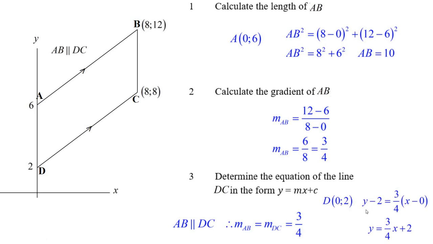Then all you do is go y minus y1, which is 2, equals m times x minus x1, which is 0. And that's your answer. You just have to clean it up. Well, x minus 0 is easy, so it's 3/4 x. And minus 2, you should add 2 to it.